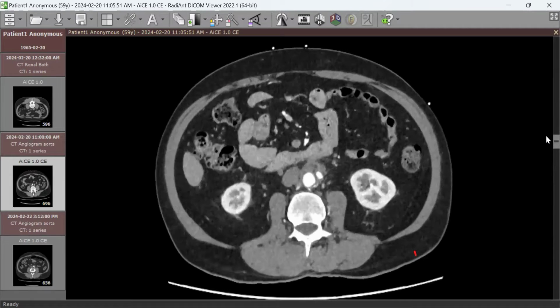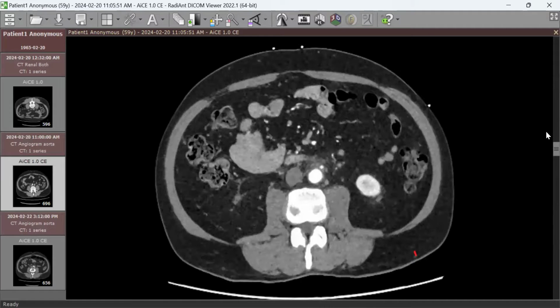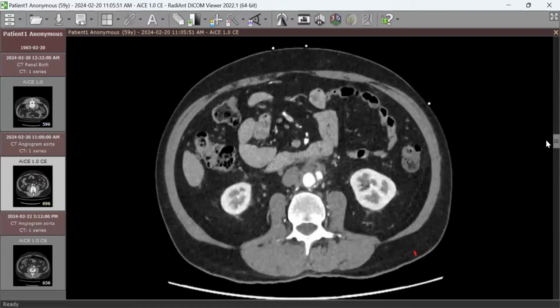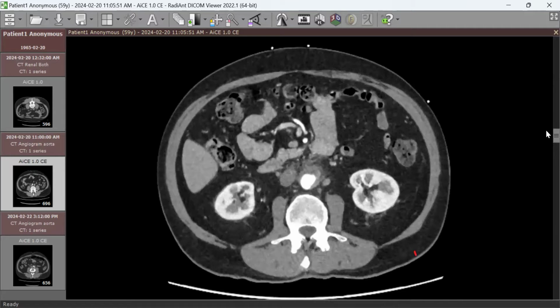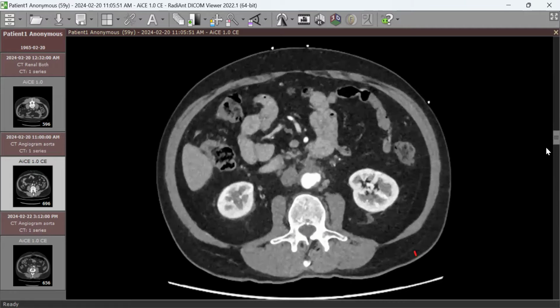There's fluid, a mural thrombus with enhanced material at the border. I think it's part of the inflammatory process. We don't have leaking, periaortic leaking. There is a small ulcer here in this section.